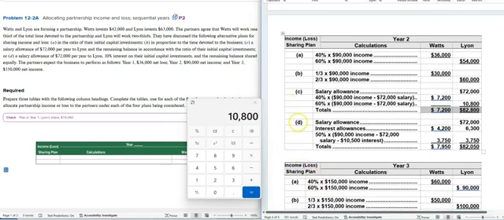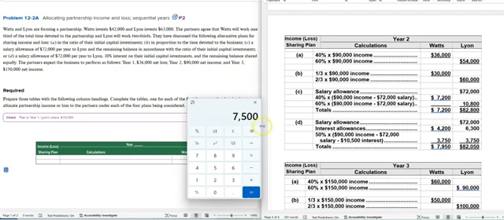If we do the final option and allocate $72,000 salary to Lyon, 10% interest, that will leave, of the $90,000 income, $72,000 went to Lyon for a salary, another $4,200 in interest to Watts, and $6,300 in interest to Lyon.